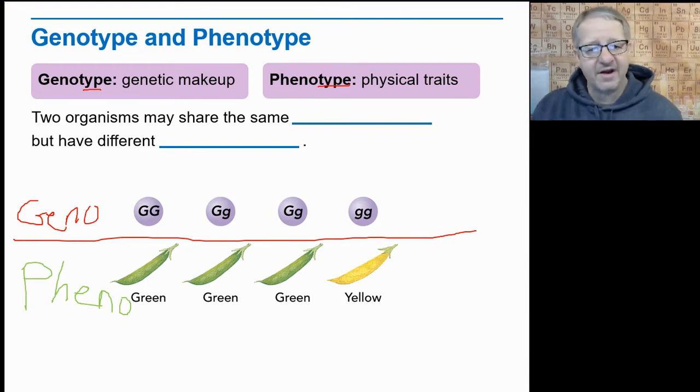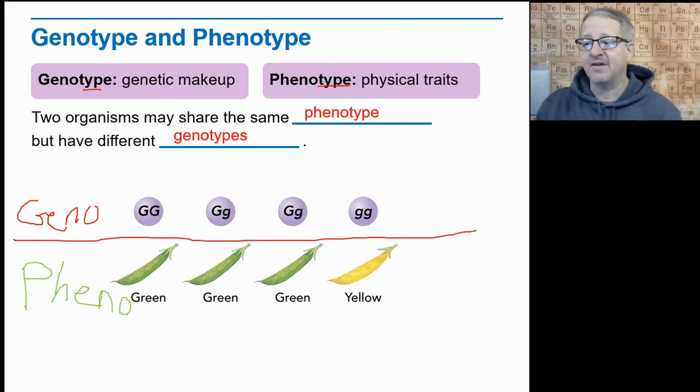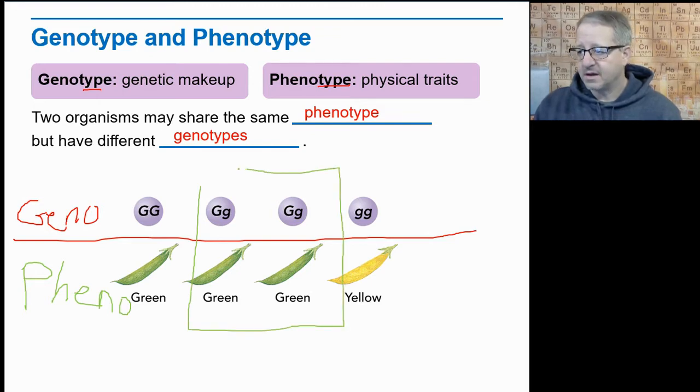So we can have 2 organisms that share the same phenotype, but yet they might have different genotypes, okay? In other words, both of these offspring have a genotype of big G, little g. They're heterozygous.